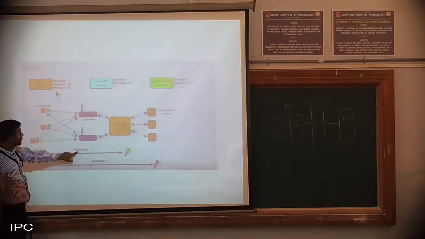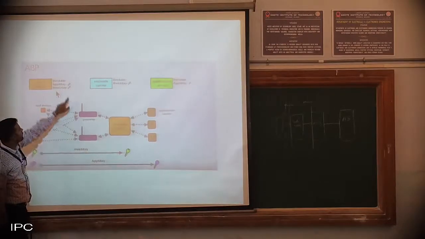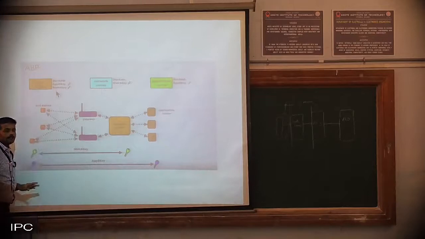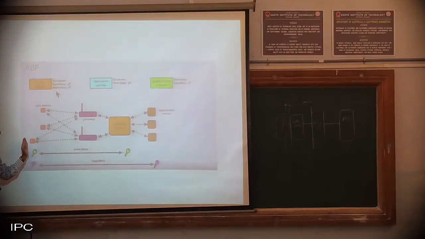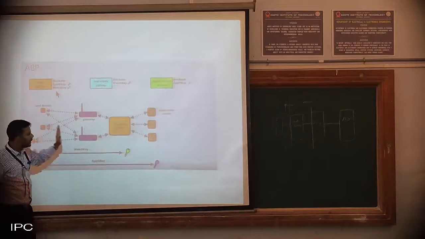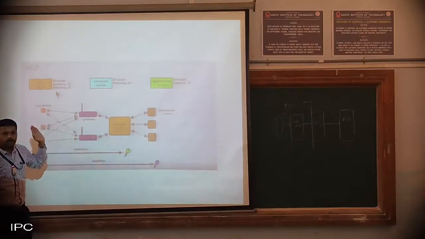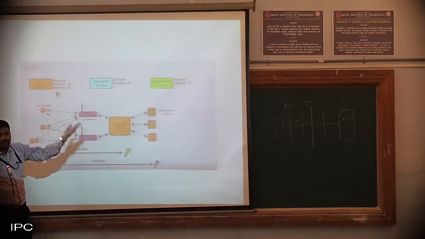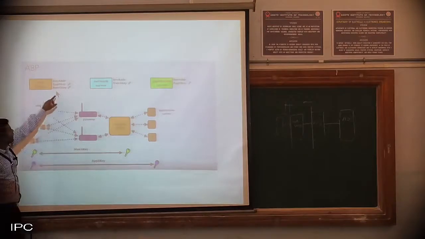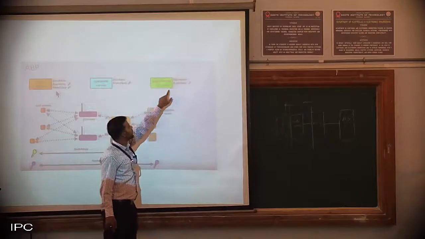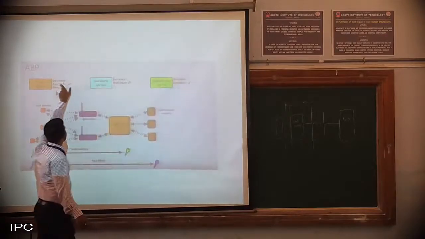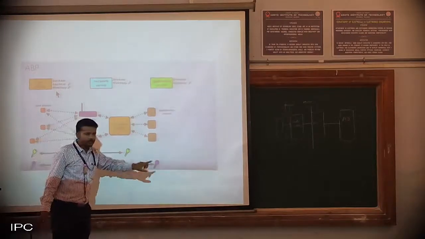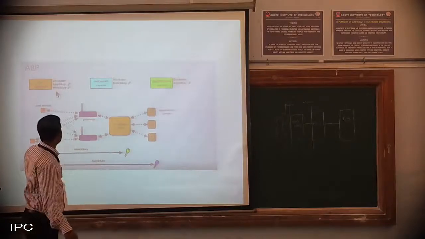If the network session key here and the network session key there, between the network server and the end device, are matching, then communication can happen between the end device and the network server, meaning we can send or receive data to or from the network server. And then if the application session key is matching between the application server and the end device, then data can flow from the end device to the application server. This is the meaning of the ABP.